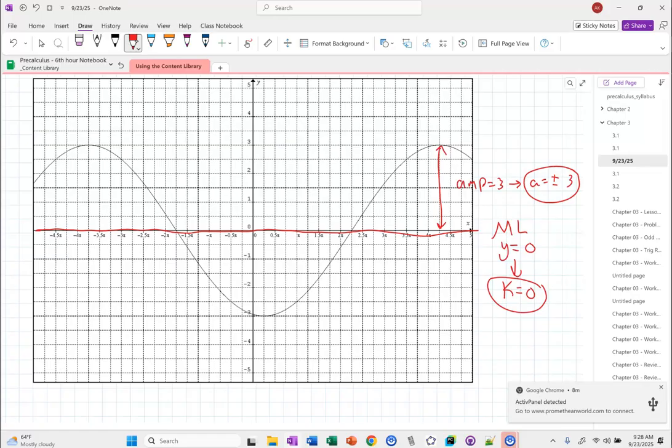So you can find the period. It looks like you started here, and then 4 1/4 there.